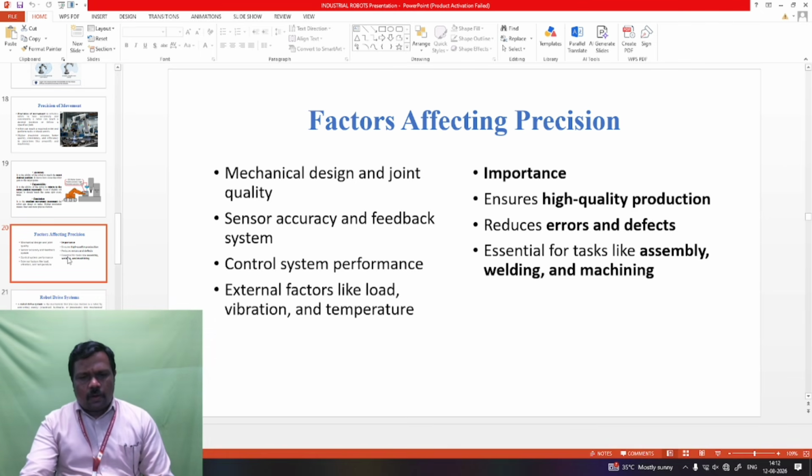External forces like load, vibration and temperature also affect the robot precision. Then the importance of robot precision: it ensures high quality production. If robot precision is higher, it ensures higher quality production and reduces errors and defects, which is essential for tasks like assembly, welding and machining.